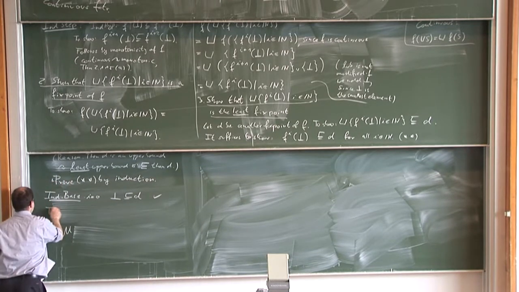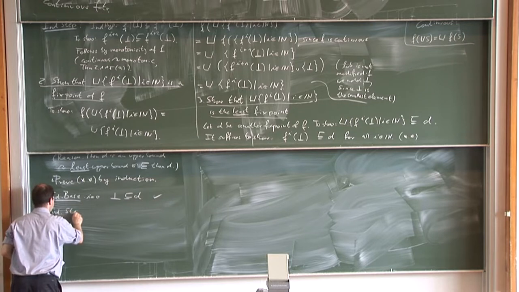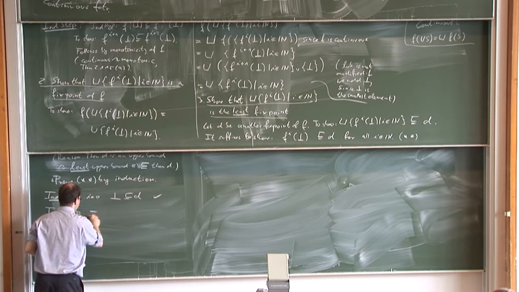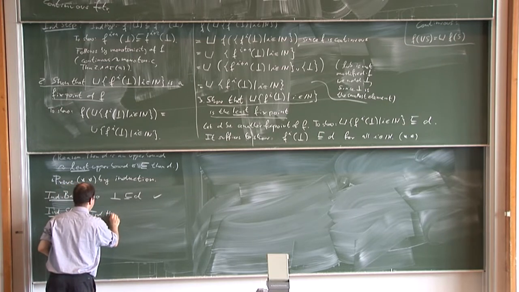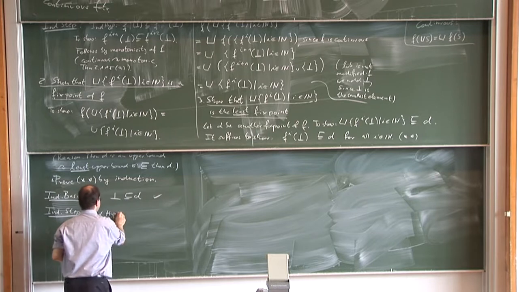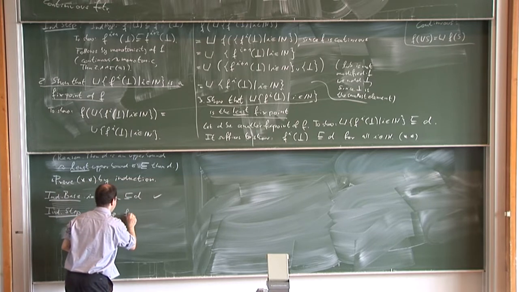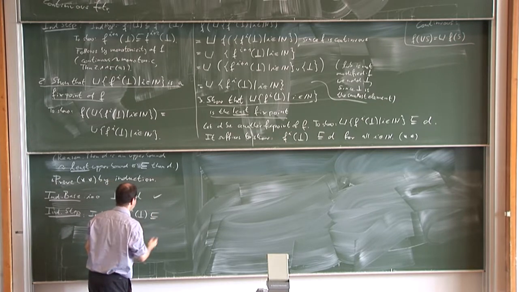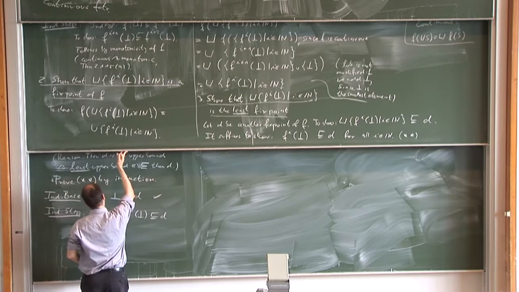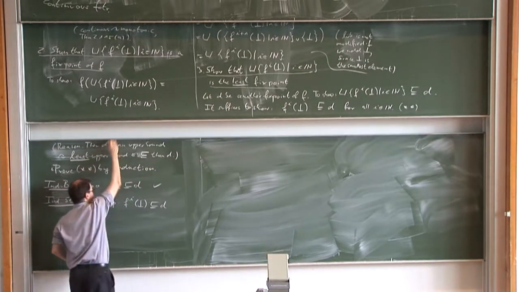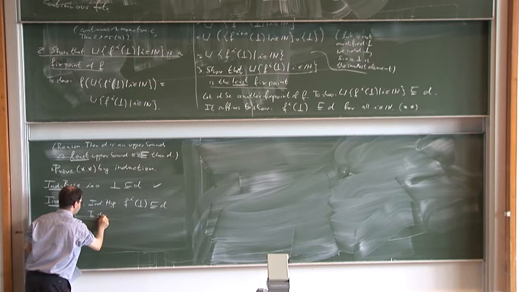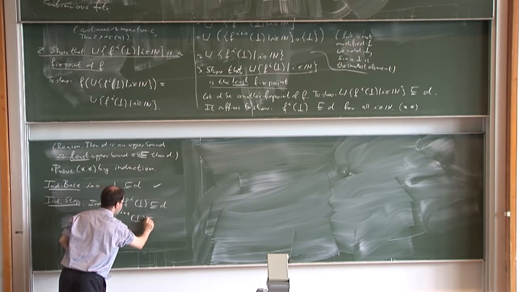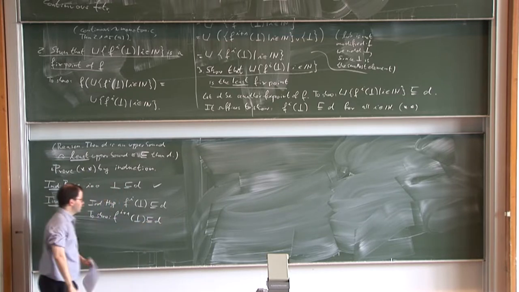And in the induction step case, now our induction hypothesis is that if we apply f I times to bottom, then this is smaller than D. And what we want to show is that this also holds if we do it I plus 1 times.